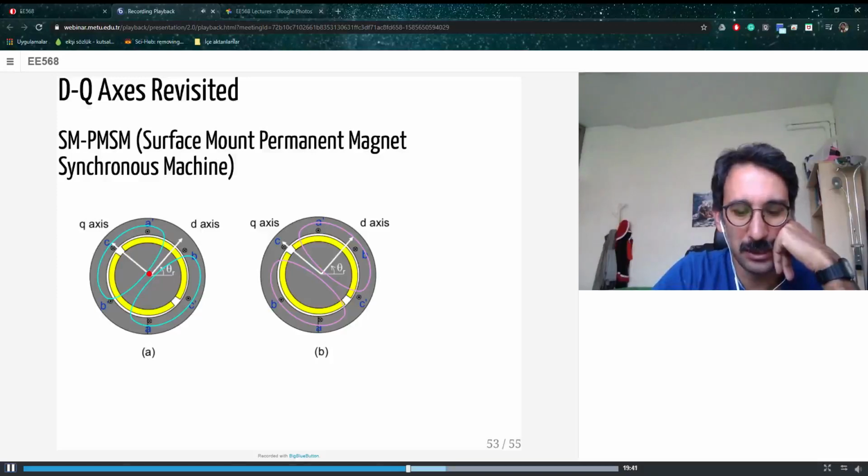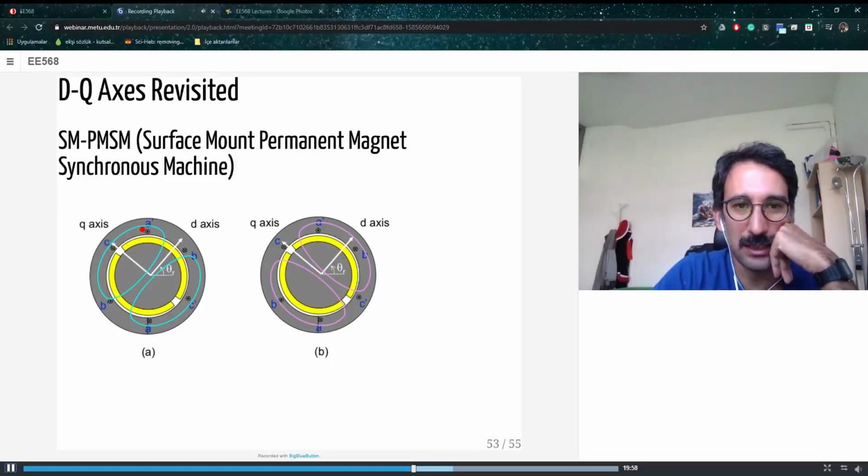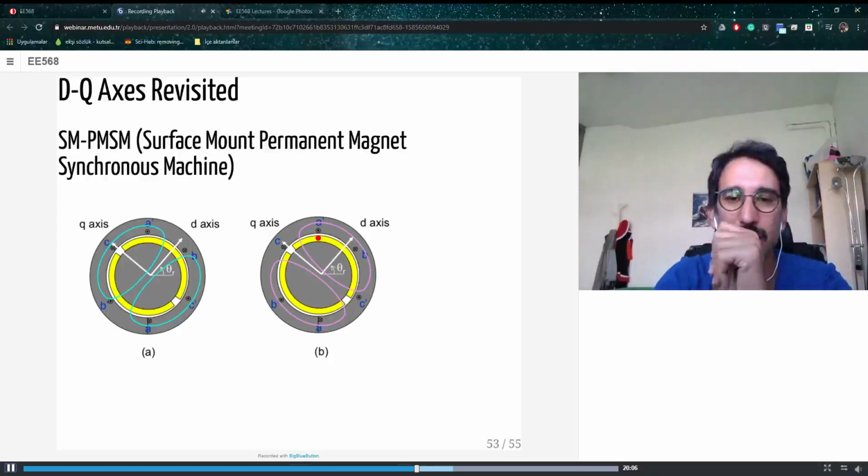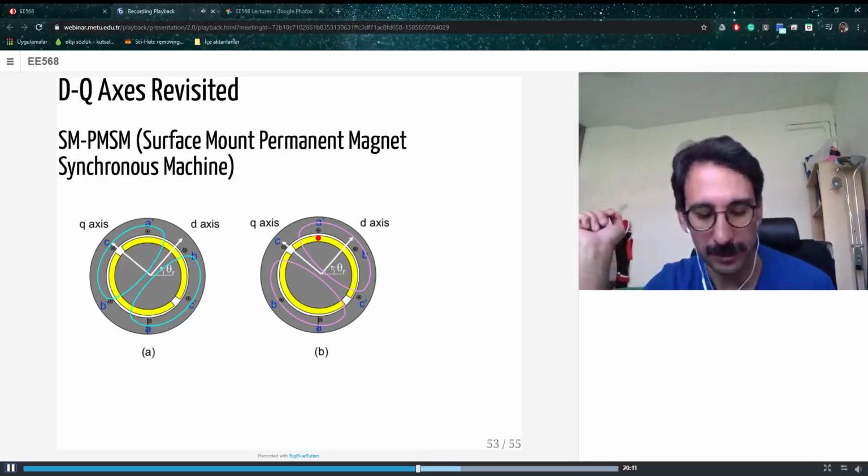As you can imagine, the main magnetization axis is the D axis and Q axis is 90 degrees apart from that one. So this is my Q axis. The blue lines here just show the d-axis flux lines, or LD or RD, and that one represents the q-axis flux, and this is the LQ or RQ. So which one is higher, LD or LQ?